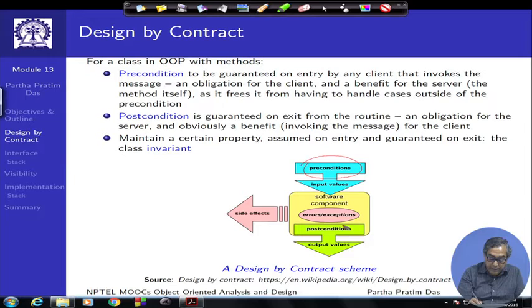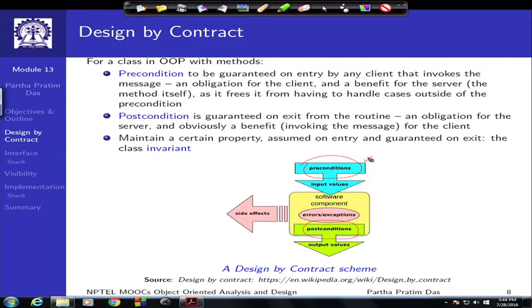At the same time, there is a set of postconditions that must be satisfied for the output values. So, in response to the client's message, the output that the server generates, or the response message that the server generates, must satisfy a set of postconditions.